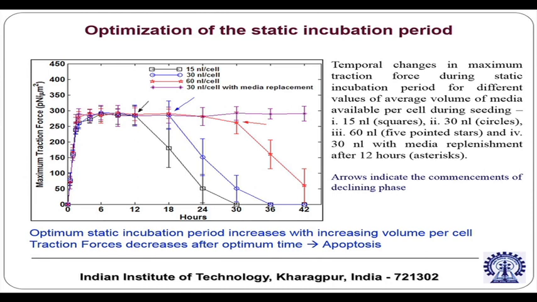The traction force decreases after the optimum time. After a critical time, if you do not supply fluid flow or nutrient, the cell is progressively going towards death, and you can program cell death in this way.